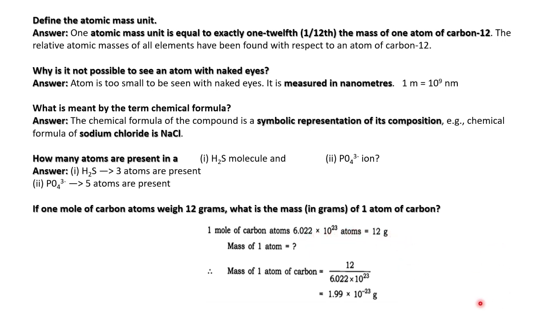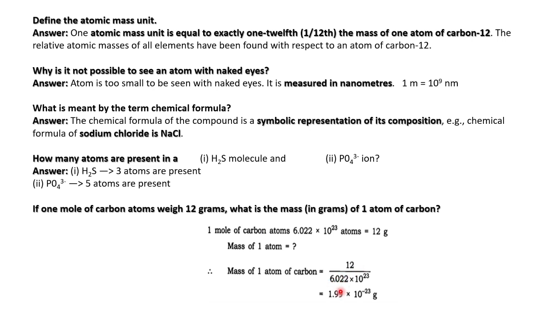What is 12 grams? That is the Avogadro number of atoms. 1 mole of carbon has 6.022 into 10 power 23 atoms, and that equals 12 grams. Then the mass of 1 atom will be 12 divided by the Avogadro number.